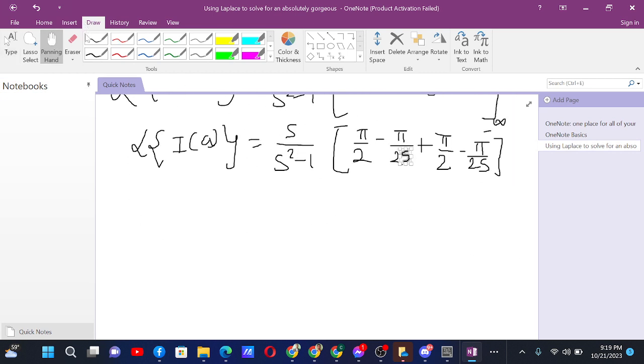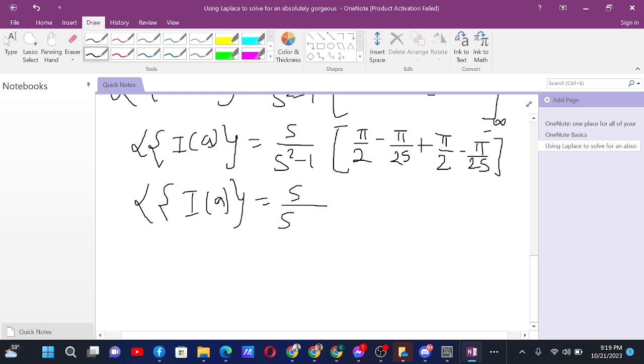It's fine now. Yeah, and now the Laplace transform of I of a is s by s square minus 1, and then over here it's pi minus pi by s, which is s by s square minus 1 with pi taken out common, and then s minus 1 over s.